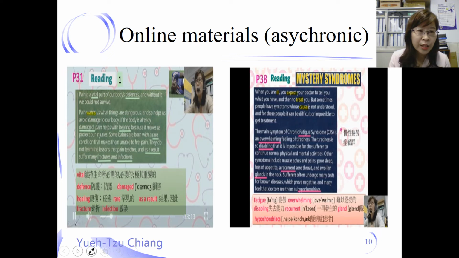All right, so here you could see there are two different readings. The first reading is talking about pain, right? Because they are nursing students, they must know something about pain. And another article is talking about mystery syndromes, which is chronic fatigue syndrome.